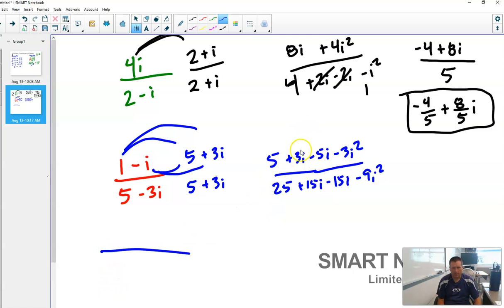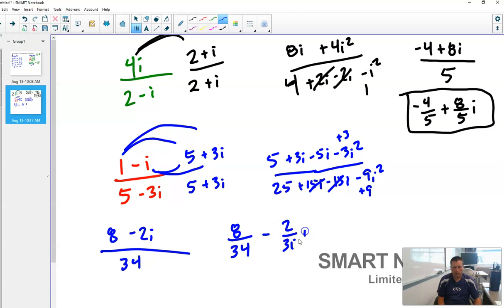My numerator, this is positive 3, which gives me 8. And then I can combine those two, which is going to give me negative 2i. My denominator, those two terms go away, and I get plus 9 here, and it can combine with that 25, which will give me 34. And then just write it in that form. So 8 over 34 minus 2 over 34i.